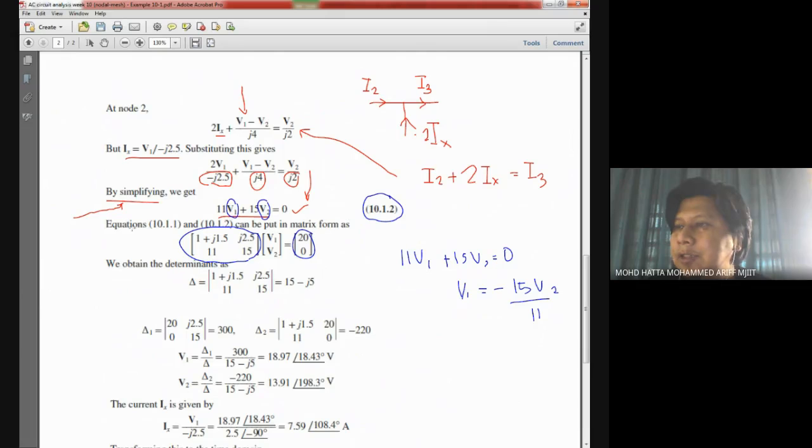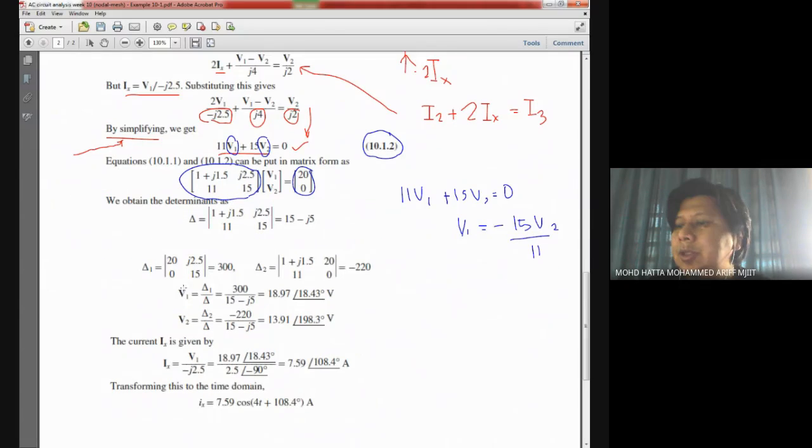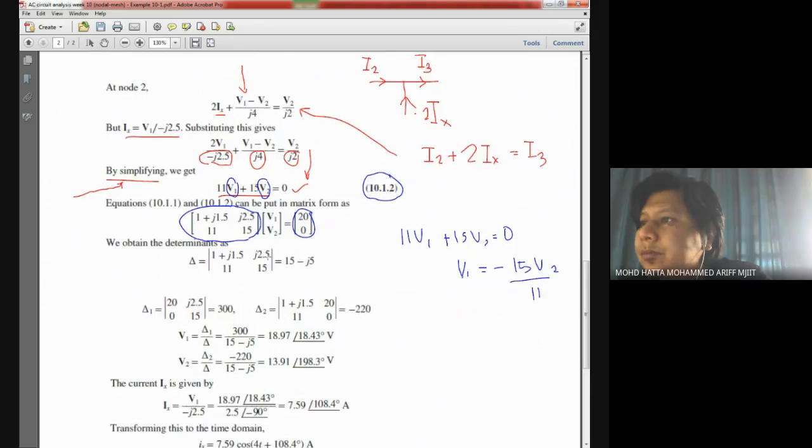But in this solution, it used Cramer's rule over here, in order to calculate V1 and also V2. Maybe later on, you should have a look at this in detail, because it is just mathematical calculation involved over here.